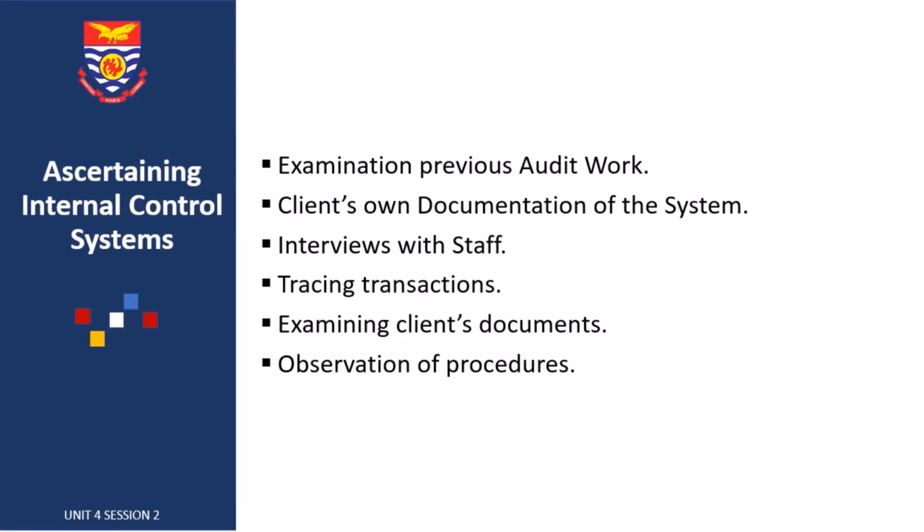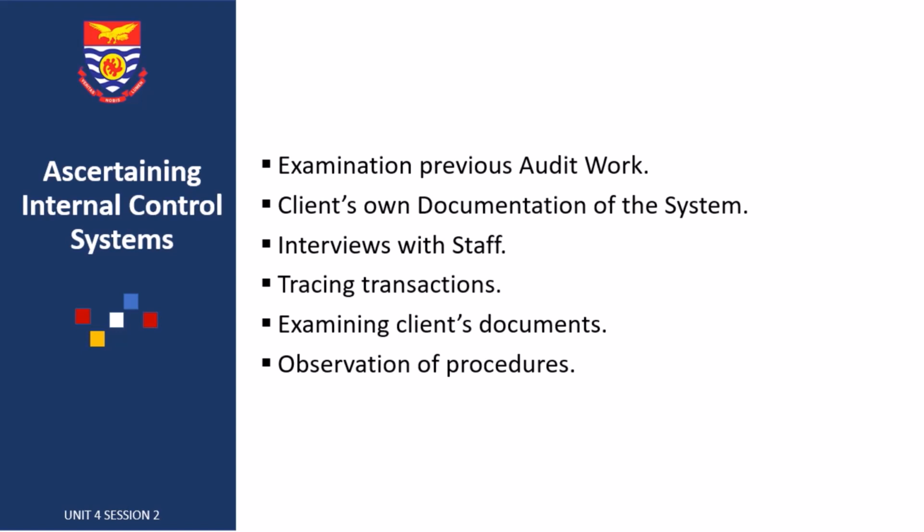Now, ascertaining internal control systems. In doing so, you have to look at examination of the previous audit work. You need to get the client's own documentation of the system. You have to also perform interviews with the staff involved in the organization. Then you have to trace some transactions to ascertain whether the controls are working effectively.